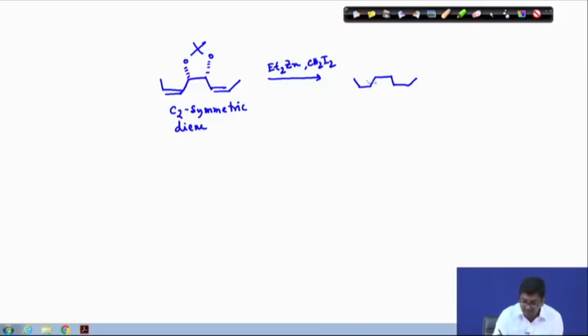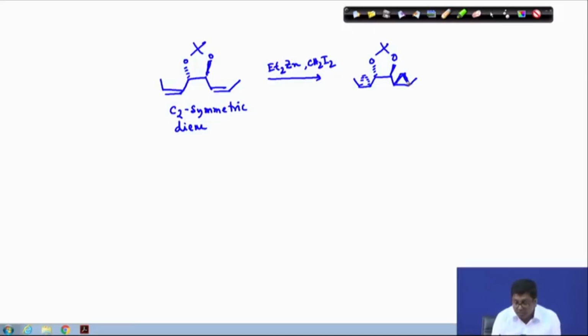in this case what you will get, sorry, this bond will be bold. So, what it will get, and here this cyclopropane ring is this.